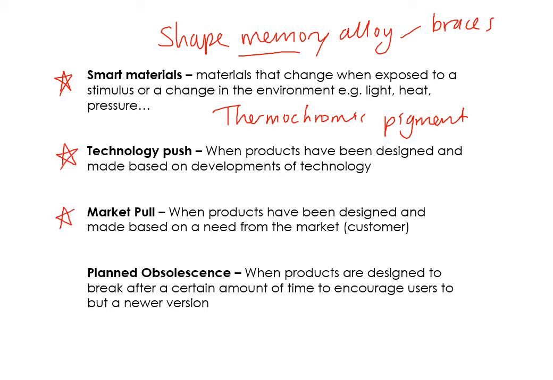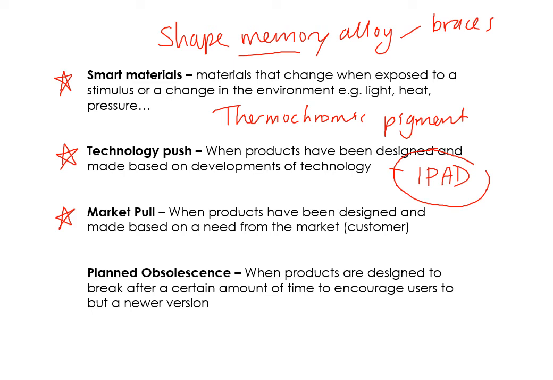Technology push and market pull are kind of linked. So technology push is when products have been designed based on an improvement in technology. For example, the iPad was a big improvement in technology, and that made that product. We as customers didn't know we wanted the iPad. We didn't demand it. It just came about because of an improvement in technology.